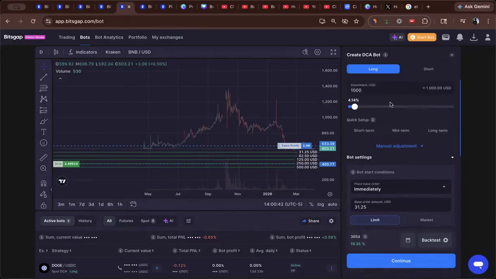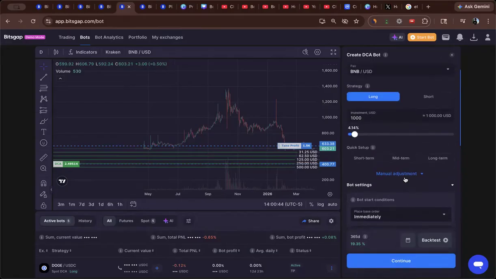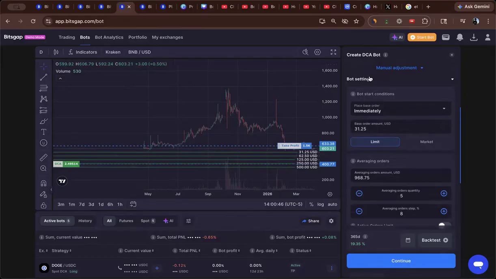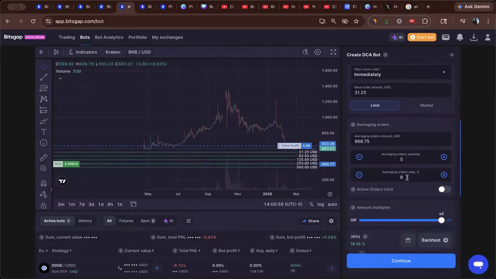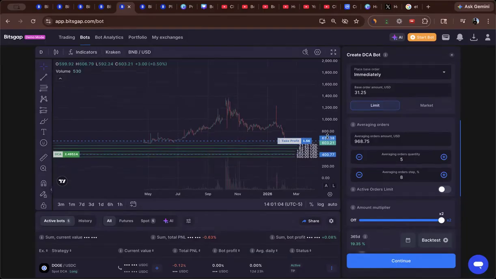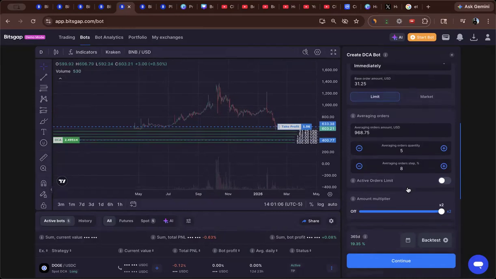So as always, we start out with $1,000. We scroll down to our bot settings under manual adjustment, and we change our base order amount to 3125, our averaging orders amount to 968.75. And then with that 19% return, the averaging order step percent is at 8 rather than around the 5 range, which I typically do.